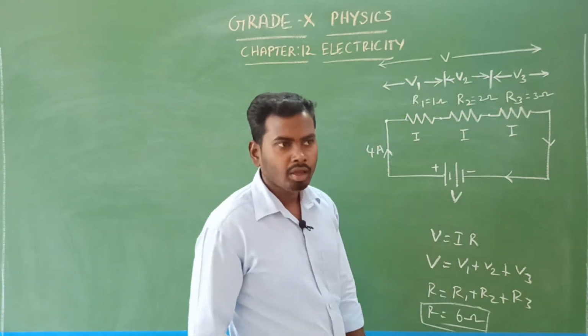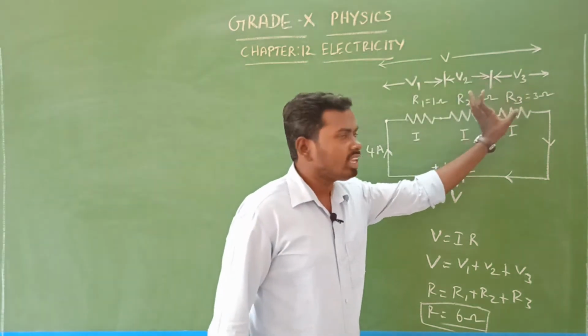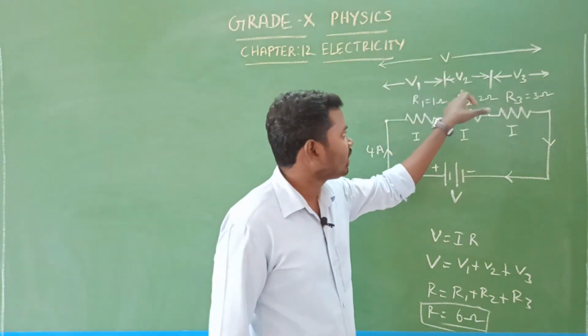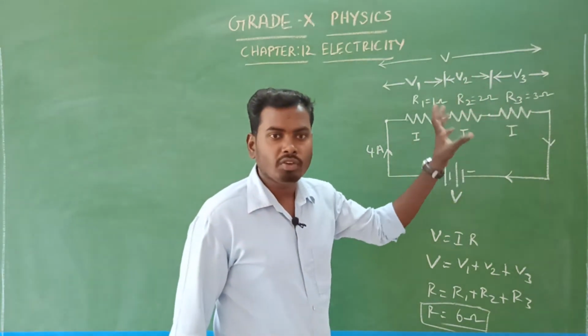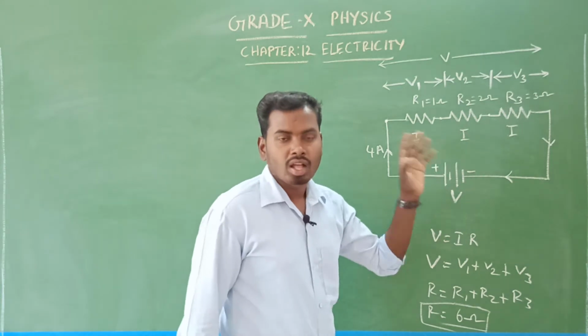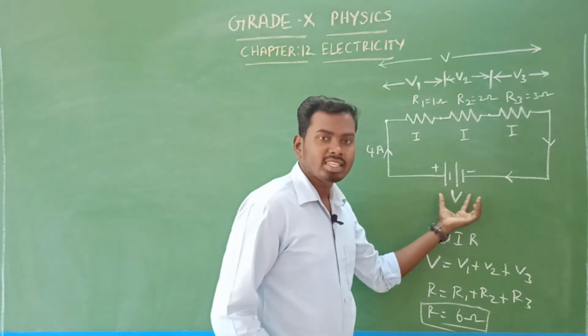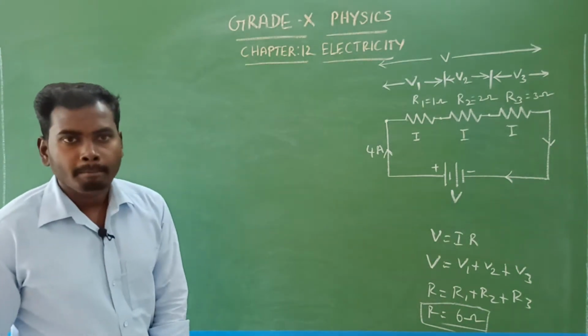If we add these three potential differences, V1 plus V2 plus V3, we get the total potential difference in the circuit, which is equal to the voltage supplied by the battery.